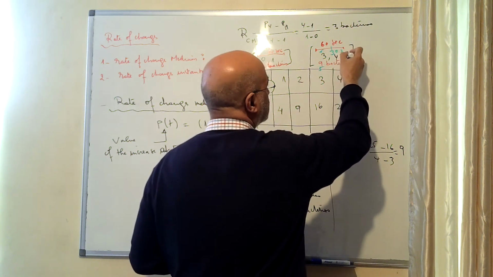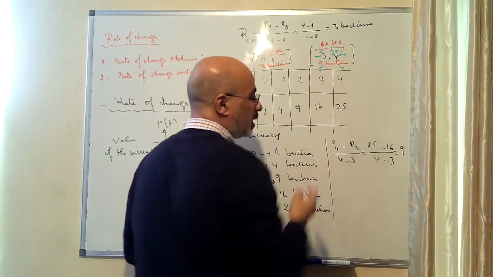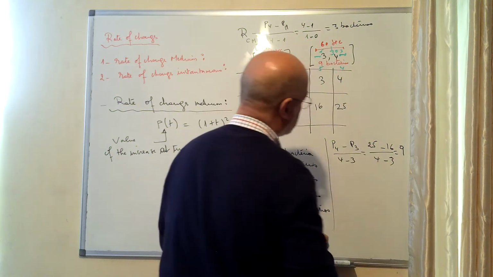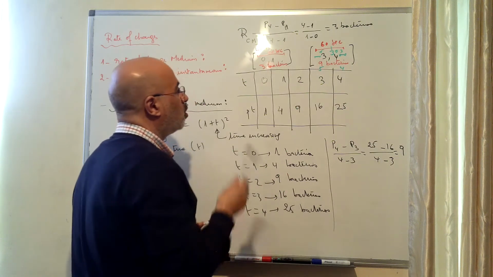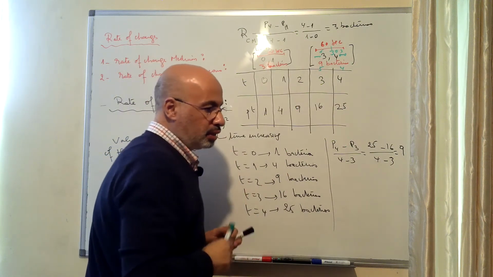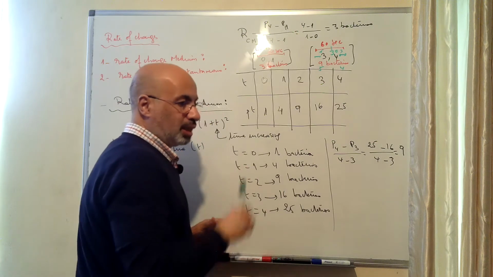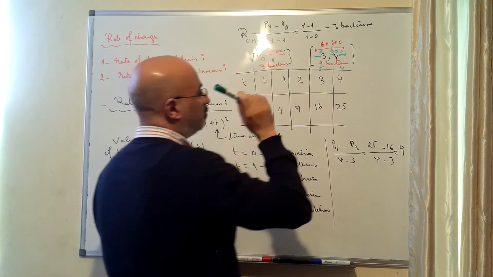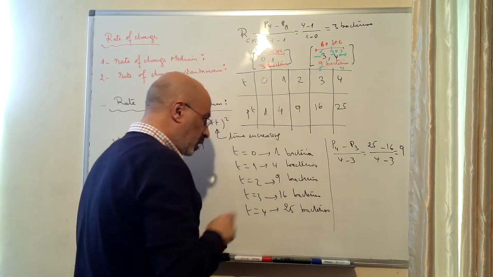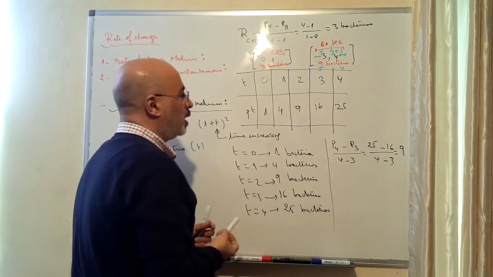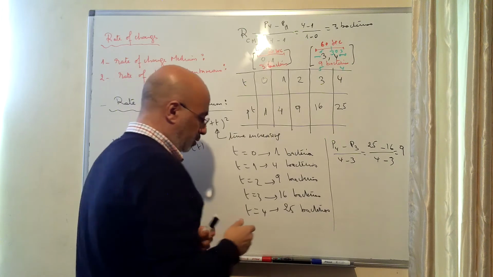Nobody can tell you that. Why? Because it's a rate of change medium, so we have nothing exact. We work in intervals of time, not at a definite time. In 4 minutes, 3 minutes, 2 minutes, we don't know what happened. For that, we use the rate of change instantaneous.